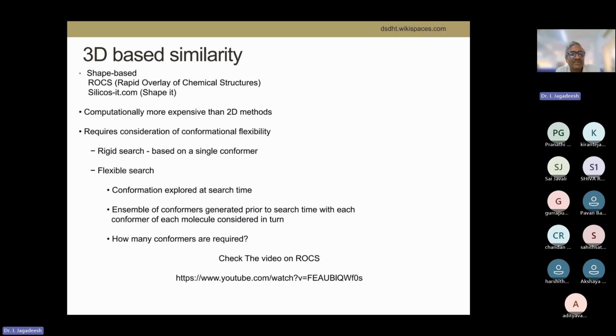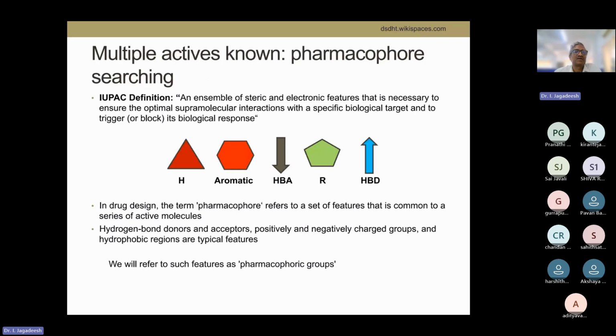That takes more time. Alternatively, the conformers are assembled and generated prior to the search time, with each conformer of each molecule considered to run. So we need to see how many conformations we require. Based on that, we decide how many degrees to rotate, so that we have complete data without missing. We can have further extension of the learning on YouTube. You will find so many videos on this. You can find the picture later.